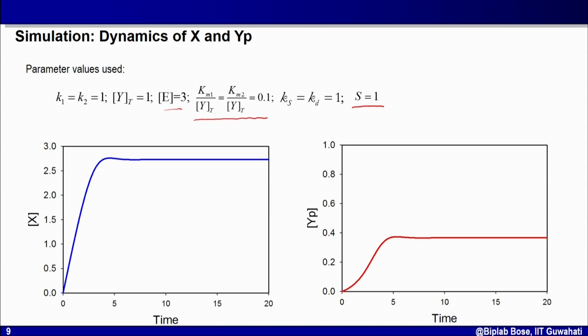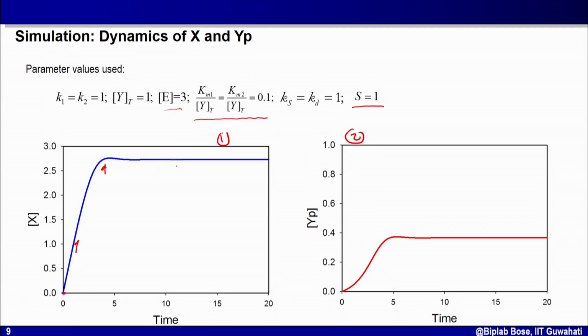If I use these parameter values and simulate using JSim, I get these two types of dynamics for x and yp. As I am starting with 0, 0, at time 0 x was 0, and x increases. I have a slight hump here because, if you remember, the phase plane plot has some spiral tendency. So I have a hump here, and then eventually it reaches a steady state.